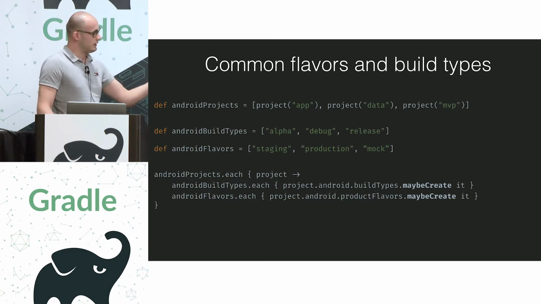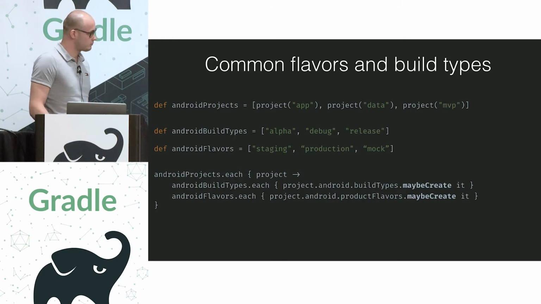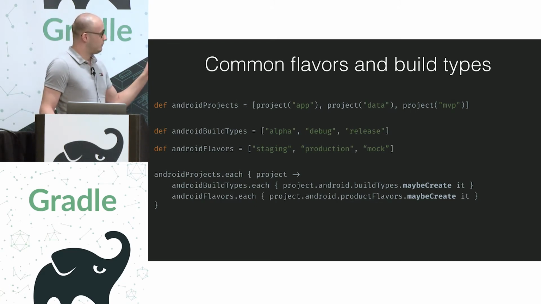And then maybeCreate. maybeCreate is a NamedDomainObjectContainer API, which either creates an object with the name that we pass, or does nothing if such an object already exists. Because if we only used create, then the build would fail because debug and release build types are already created.